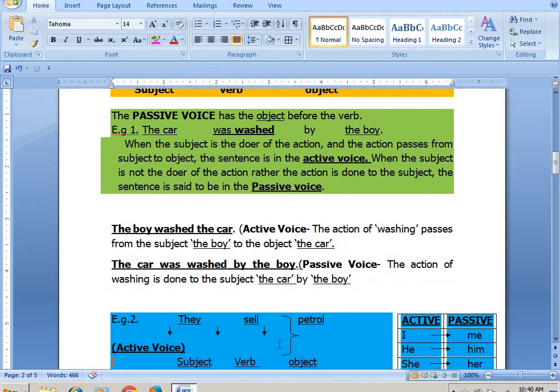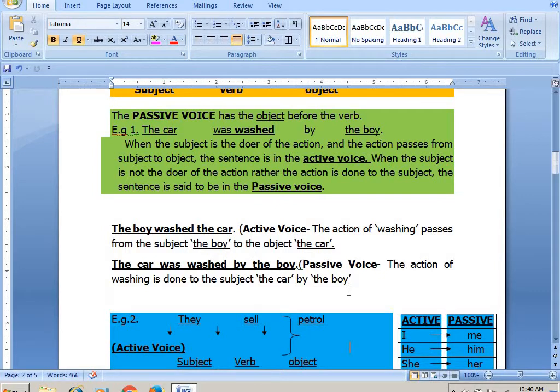The boy washed the car, active voice. The action of washing passes from the subject, the boy, to the object, the car. The car was washed by the boy is the passive voice, and the action of washing is done to the subject, the car, by the boy.